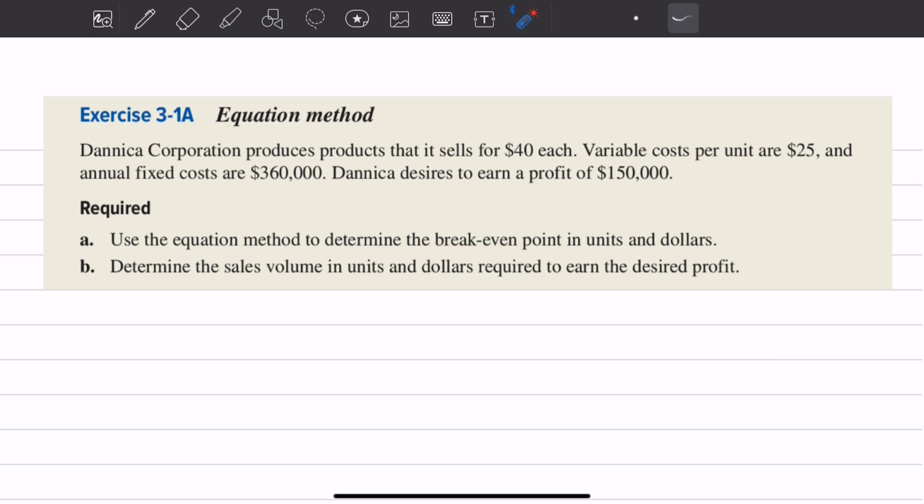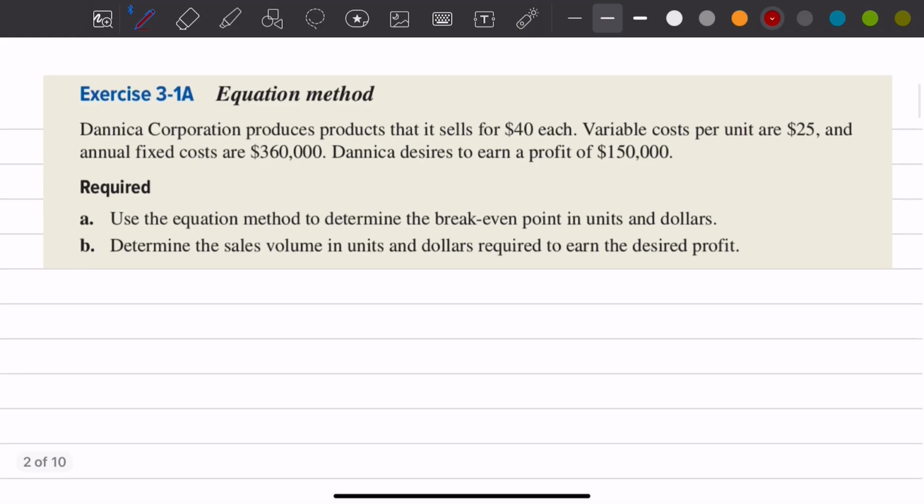Okay? So, before we start working on this exercise, let's quickly remember our key formulas that we're going to need to be able to solve this exercise.